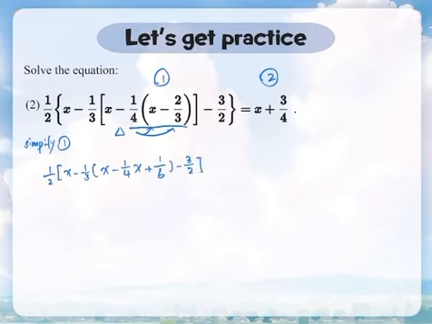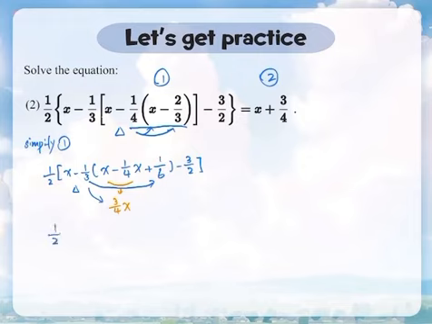Now continue with the calculation. After you calculate this part, it's going to give you 3/4x. Now be aware this is still a negative sign, so you need to change the sign when you distribute 1/3 into the stuff in the parentheses.